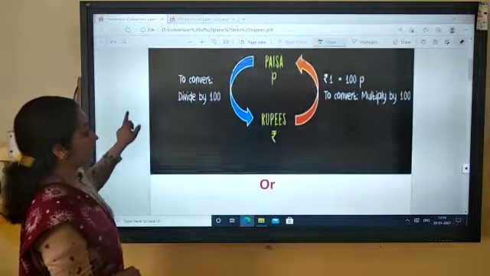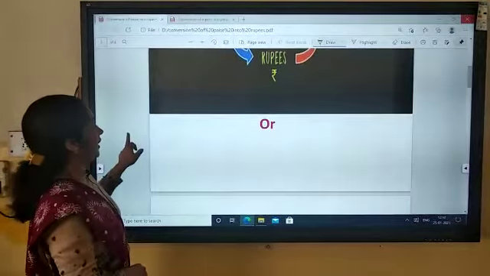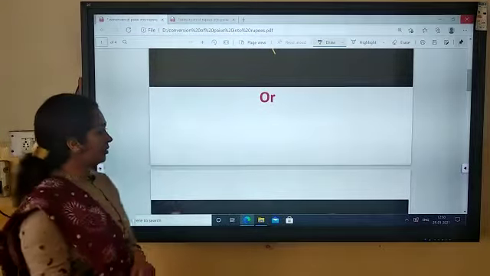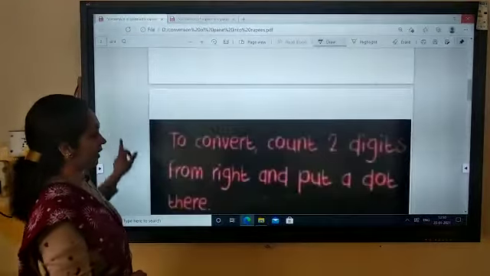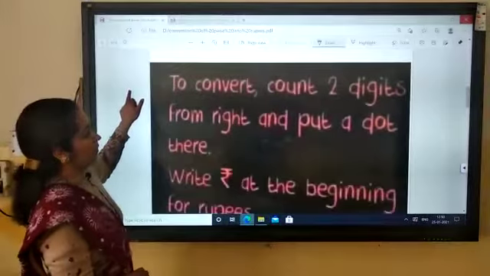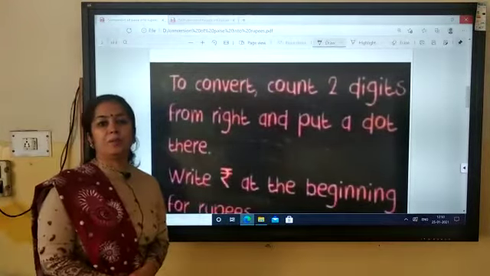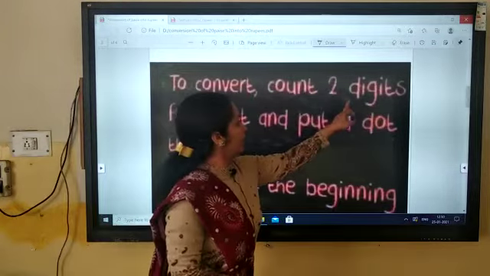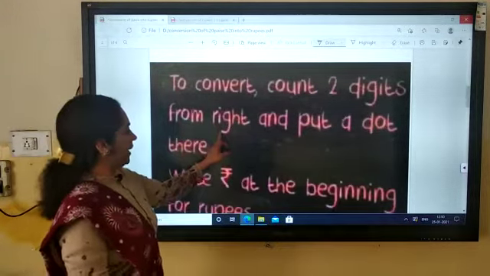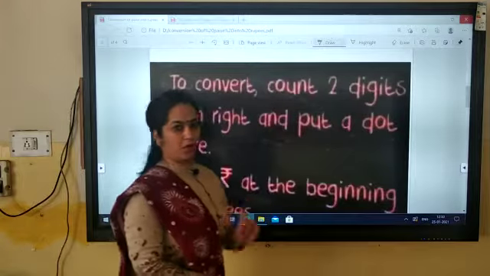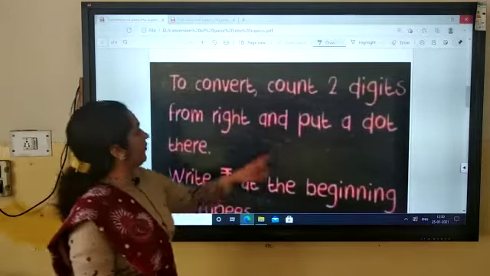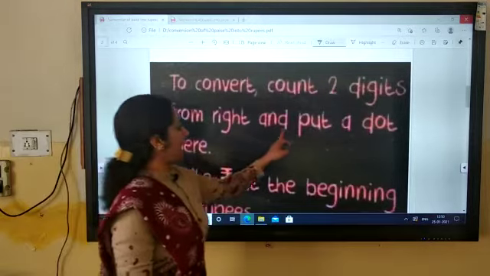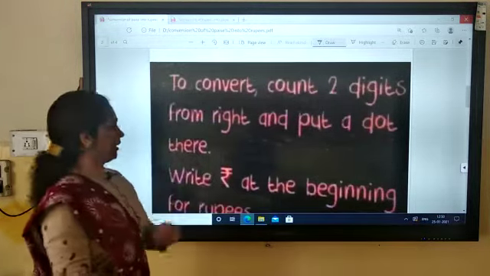Today we will learn another interesting method of conversion also. The second method is, when we want to convert paise into rupees, we count 2 digits from the right and put a dot there.